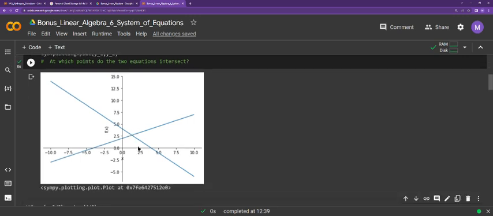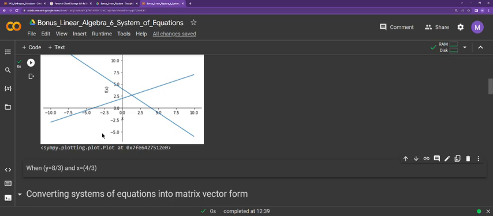We have a point where x is, it's a bit difficult to say, maybe 1.25-ish, and y is just over 2.5.